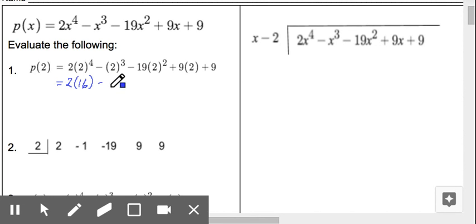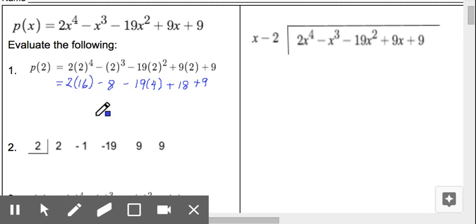So we multiply 2 by 2 by 2, and that's going to give us 8, minus. Here I have to multiply 19 by 2 squared. But before I could do that, I have to find 2 squared first. So 19 times 2 squared is 4. Plus this we can multiply right away. So we'll have 18, and we just bring down the 9.